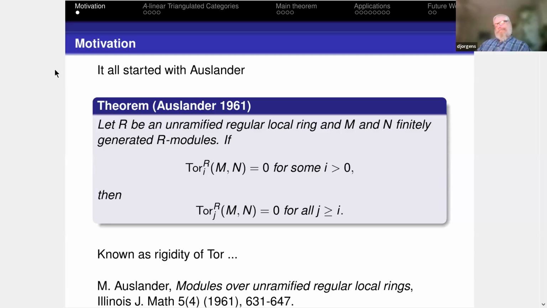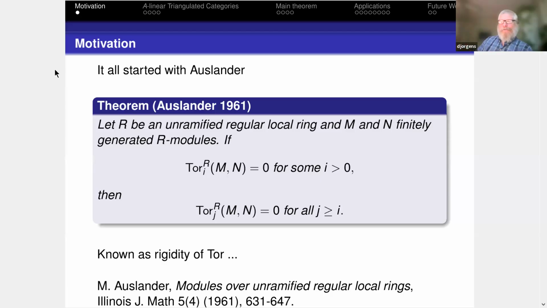Anyway, then you could ask the question, what if both modules had finite projective dimension? Does rigidity of Tor hold for those modules? And that's actually still open. Ray Heitmann was my postdoctoral advisor, and we worked on that question for a while, and it proved to be pretty difficult. So it's still open. We don't know about it.